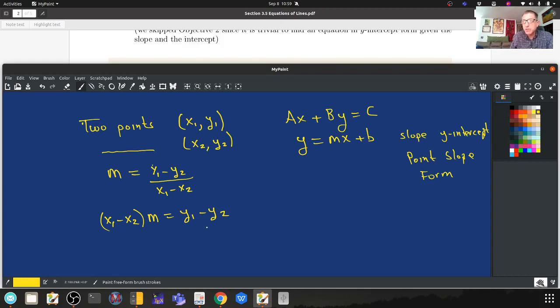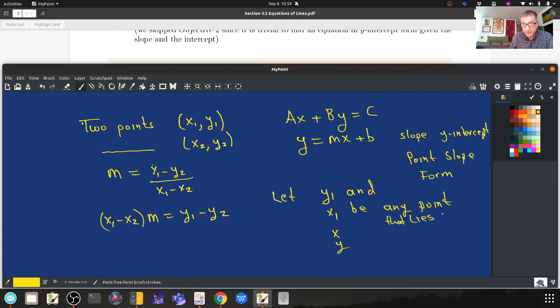And now I'm going to do the following. I'm just trying to make this the same: let x1, y1 be any point. So I'm just going to label them x and y, any point that lies on the line.